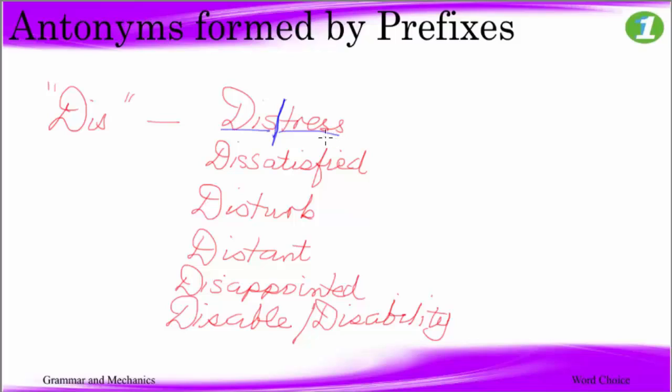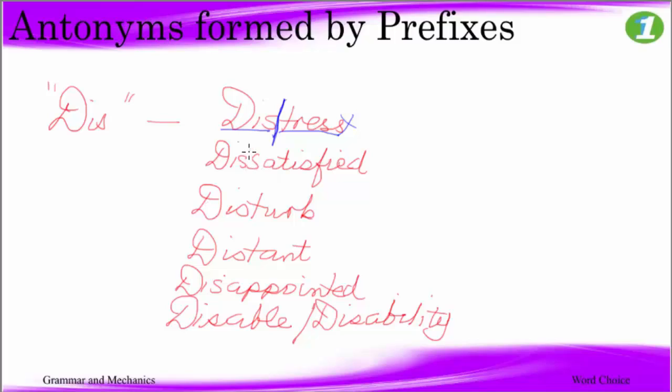No, there's no word called tress in English. So we couldn't say that this is an antonym, because remember we said there must be a whole, existing word, a word that carries its own meaning, that we add this prefix to in order to create the antonym. So this is definitely not an antonym.